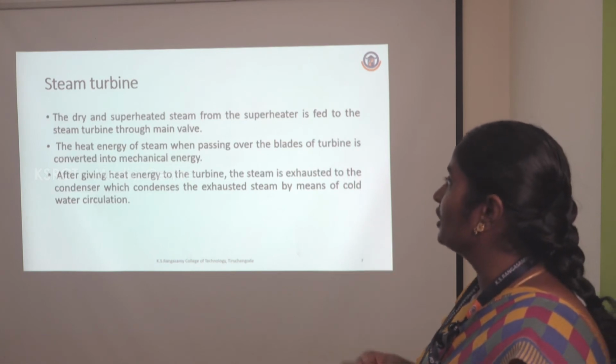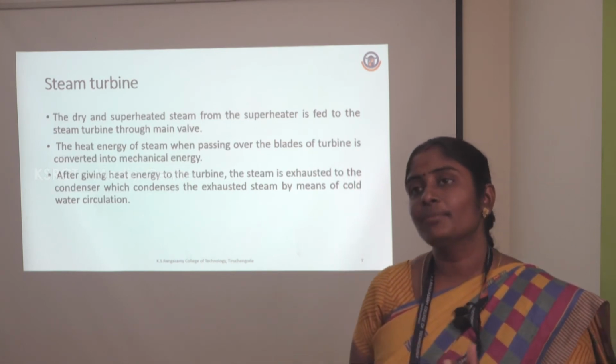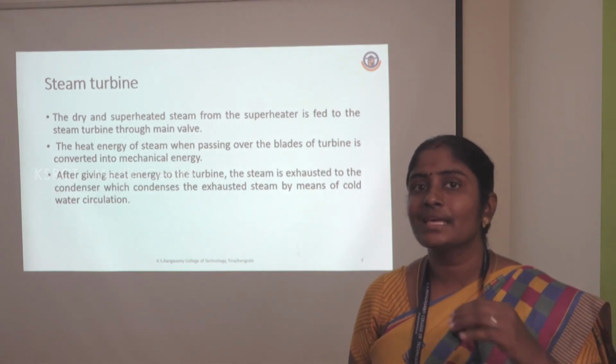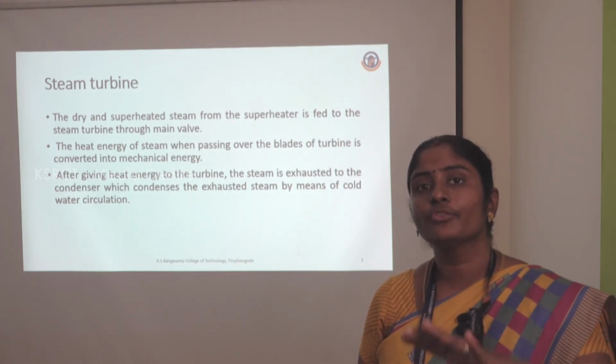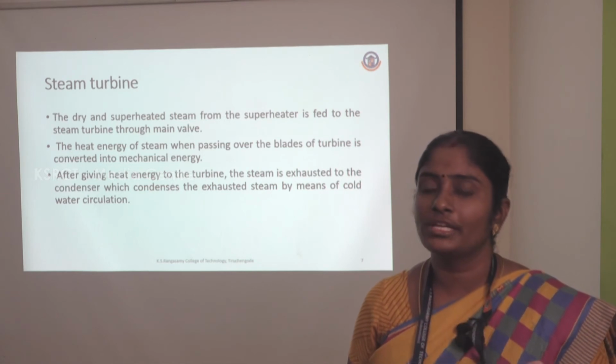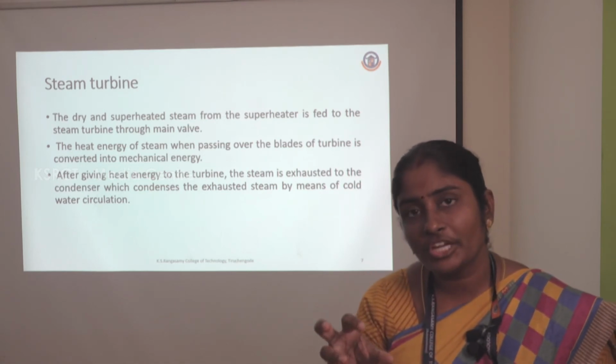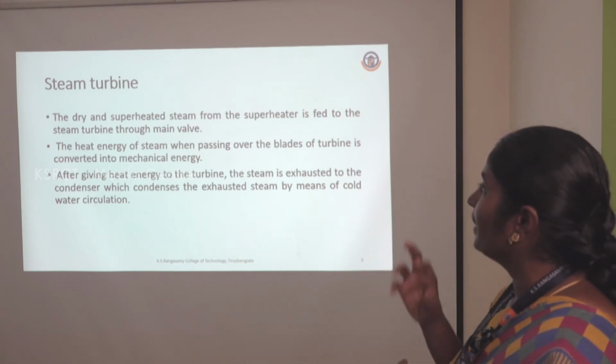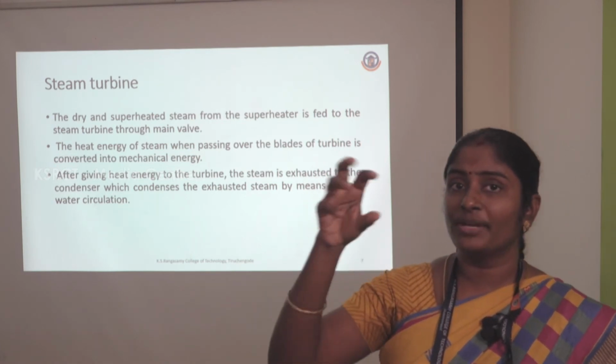And the next section is the steam turbine. Finally, with the help of the steam generating section, we increase the temperature of the steam produced in the boiler to 540 degrees Celsius. The high pressure steam is given as input to the steam turbine. The steam turbine gets rotated because of the high pressure steam.